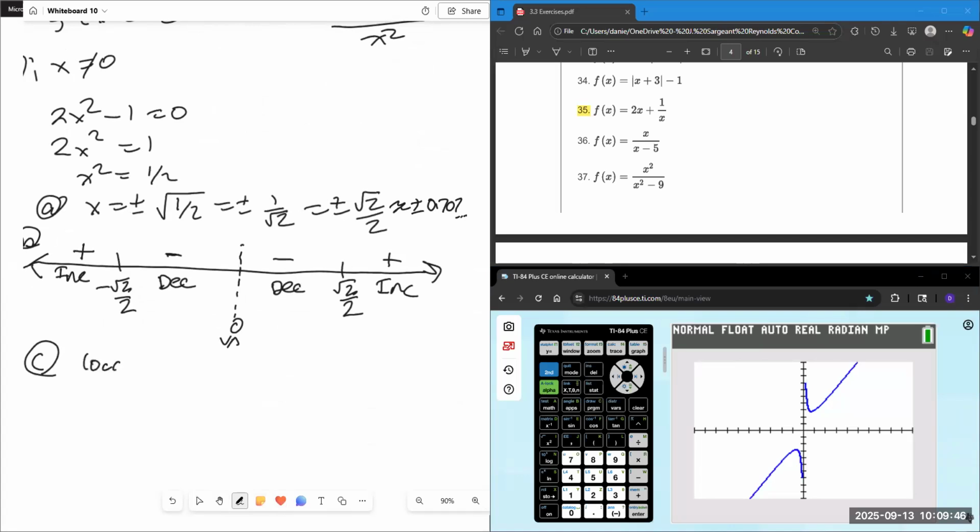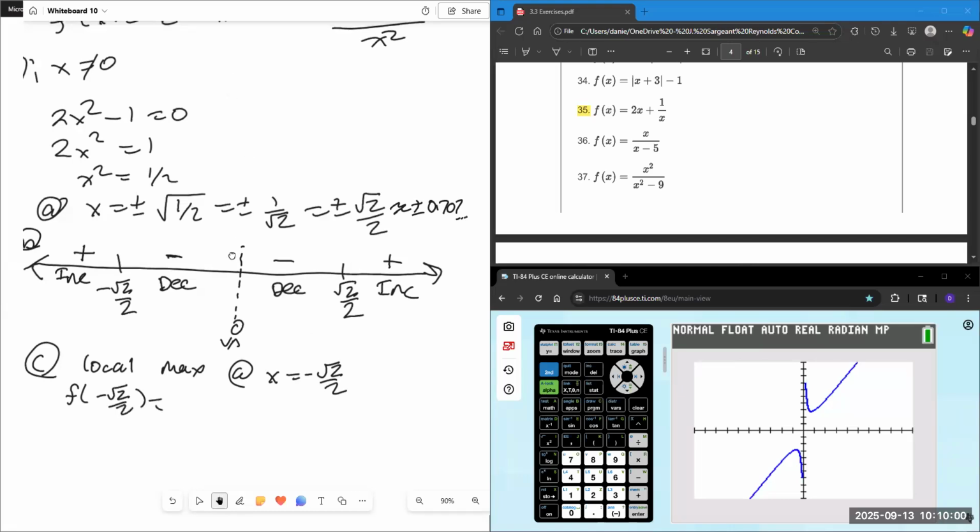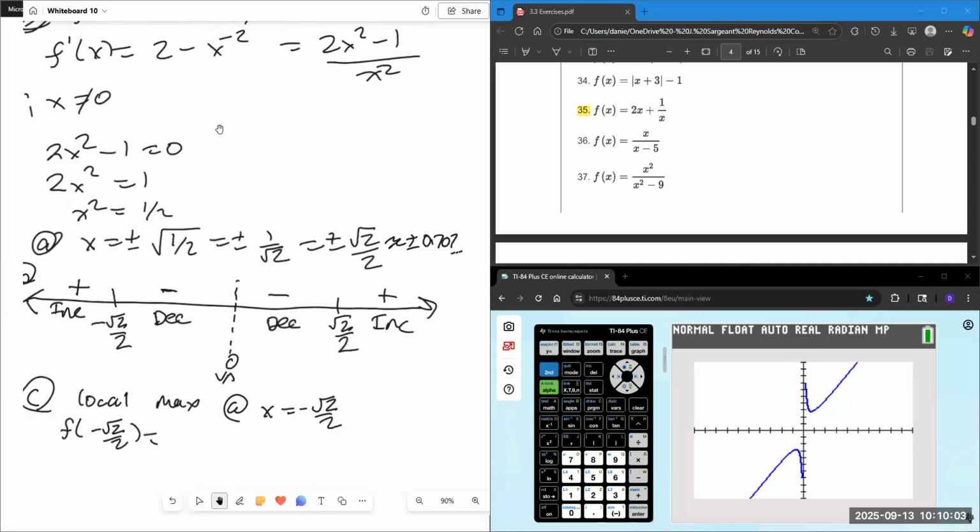So we have a local max at x is equal to negative root 2 over 2, and f of negative root 2 over 2 is equal to 2 times negative root 2 over 2 plus the reciprocal of negative root 2 over 2, which is negative root 2, minus 2 over root 2, which is another root 2.